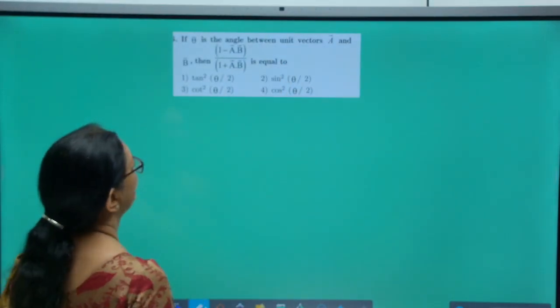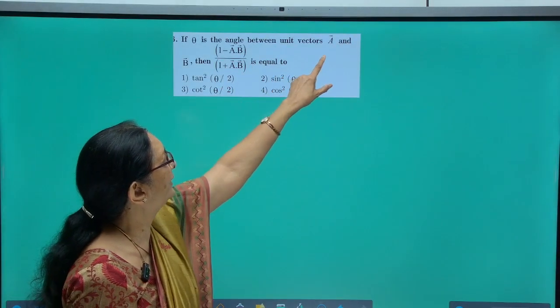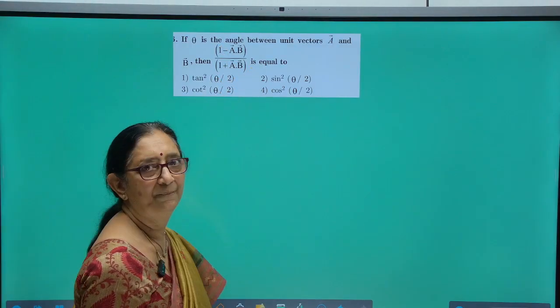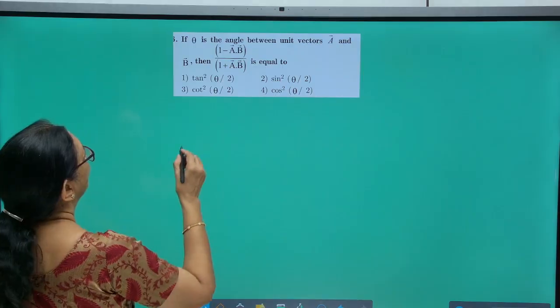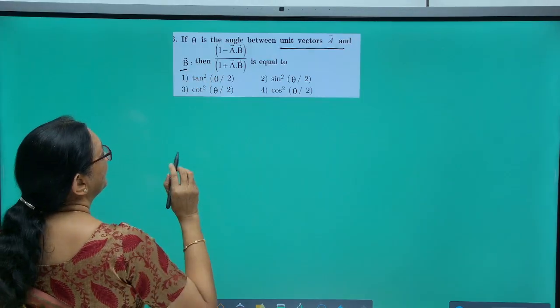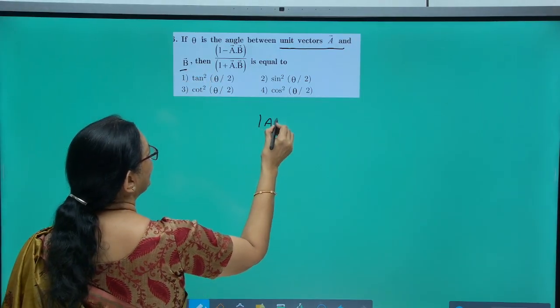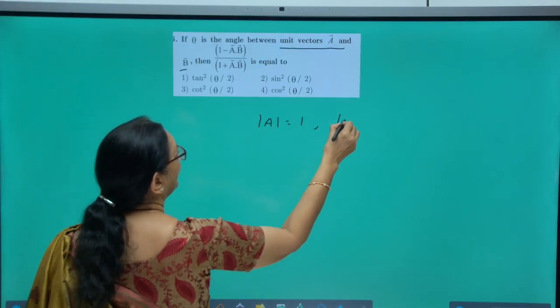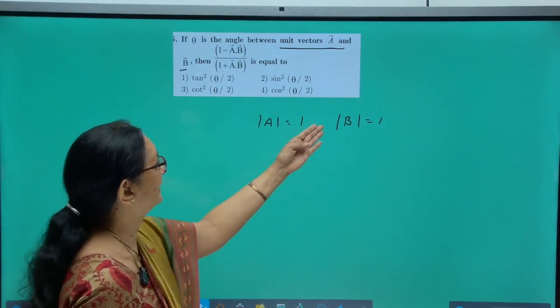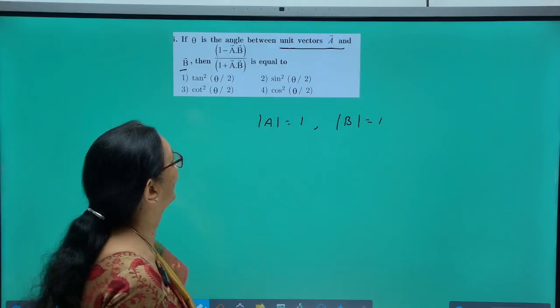If theta is the angle between unit vectors A bar and B bar, then you need to find out the answer. So, unit vectors A bar and B bar, meaning modulus of A is equal to 1, modulus of B is equal to 1, because A bar and B bar are given as unit vectors.